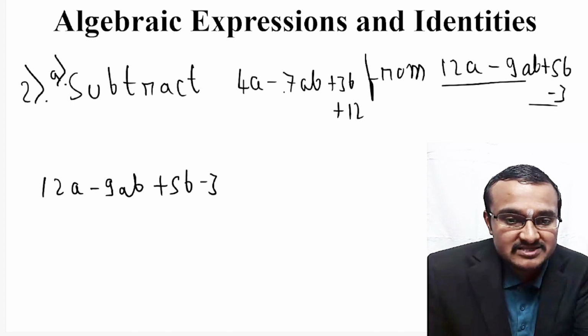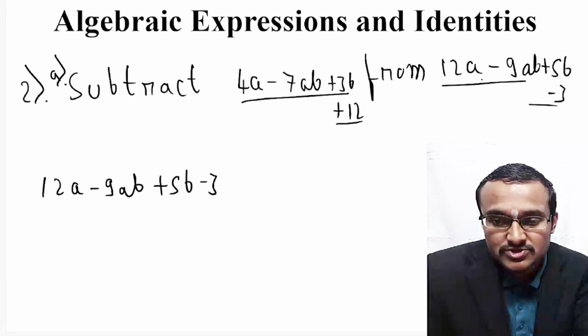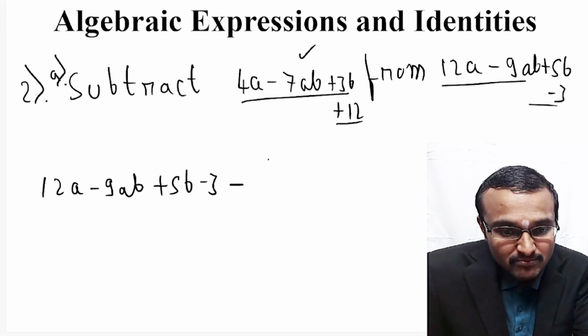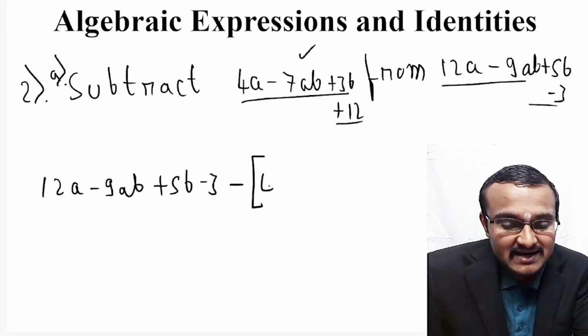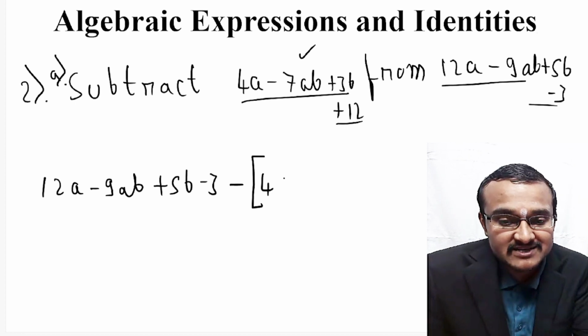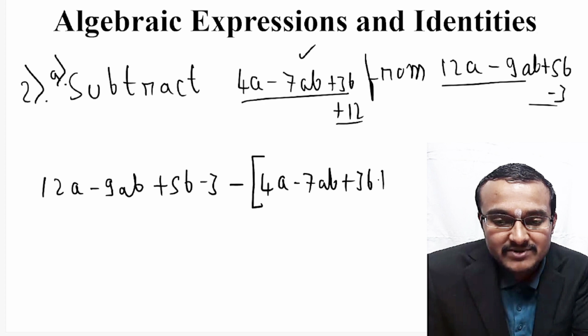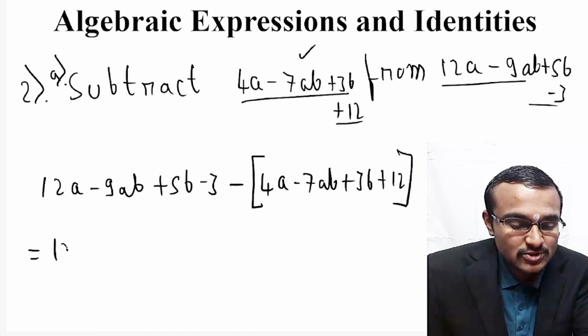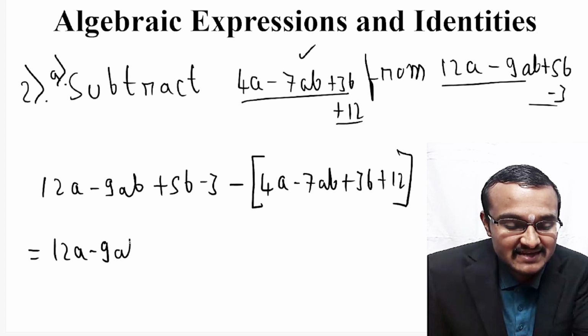So now you are performing subtraction between these two. So from this you are subtracting this. So that means minus, open the bracket and write the first term, that is 4A minus 7AB plus 3B plus 12. Close the bracket. So now you can remove the bracket. 12A minus 9AB plus 5B minus 3.